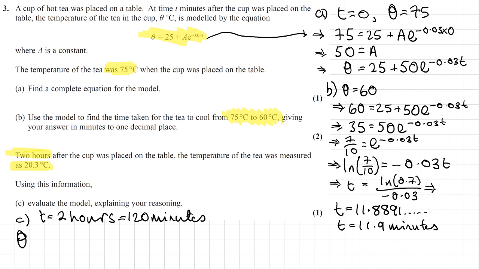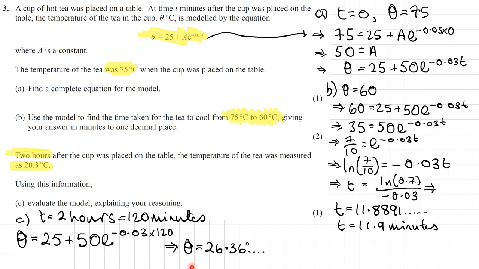So the temperature, theta, is equal to 25 plus 50e to the power negative 0.03 times 120. Let's see what this gives us for the temperature. And that gives a temperature of 26.36 and so on degrees.